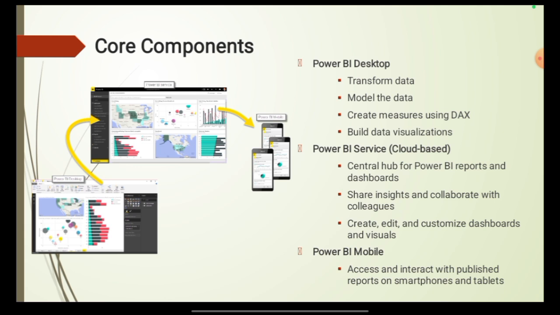It allows users to transform data by cleaning and shaping it, model the data by defining relationships, and create measures using DAX, or Data Analysis Expressions, to perform calculations. After modeling the data, users can build interactive data visualizations using various chart types and visual elements.